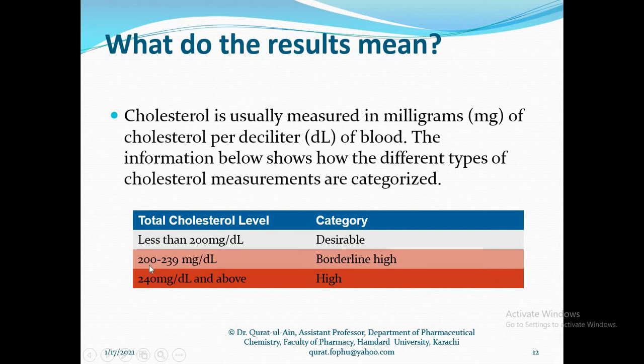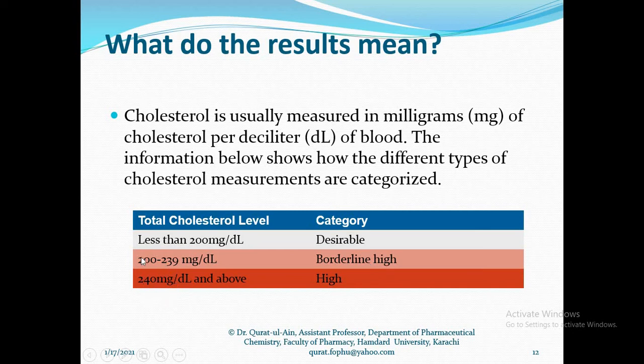If a person has a cholesterol level between 200 to 239 milligram per deciliter, it means the person is at the borderline, or has a risk of suffering from heart disease or stroke.